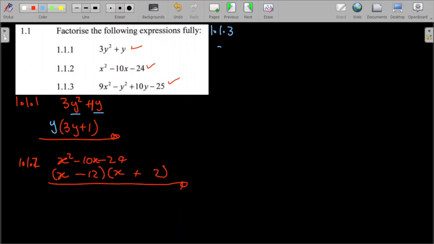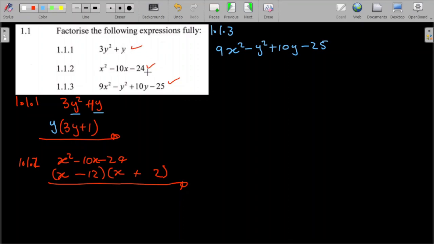Now, going to 1.1.3, we have 9x squared minus y squared plus 10y minus 25. From here, usually we have already done the first part, which is the common factor.